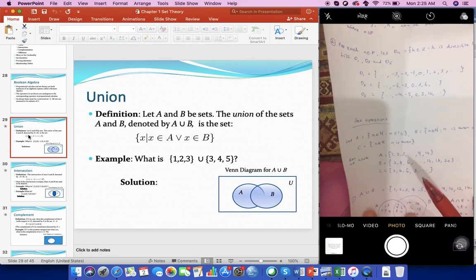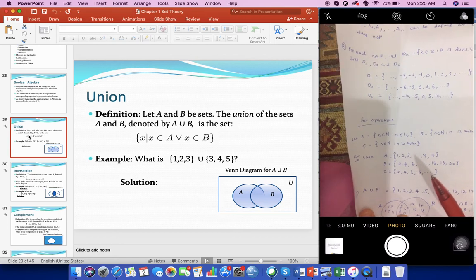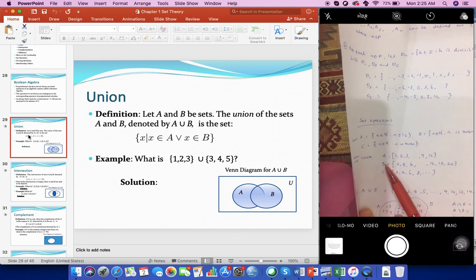So when you list down all the numbers, you can see that A starts from 1, 2, 3 until 10, only until 10, because N here is a natural number, so we must start from 1 and it must be less than or equal to 10. So it stops at 10. B is even, also natural numbers, but even.